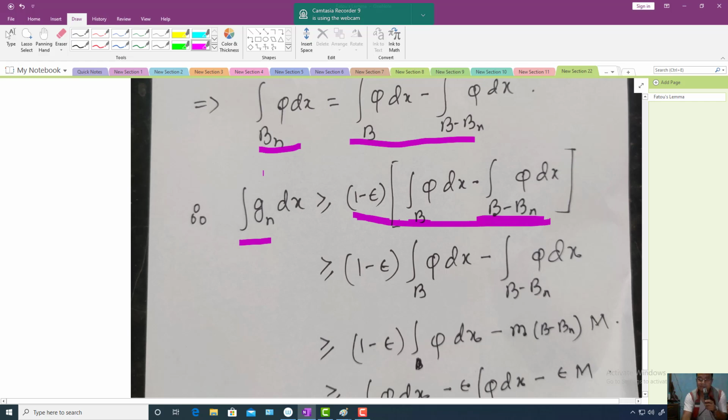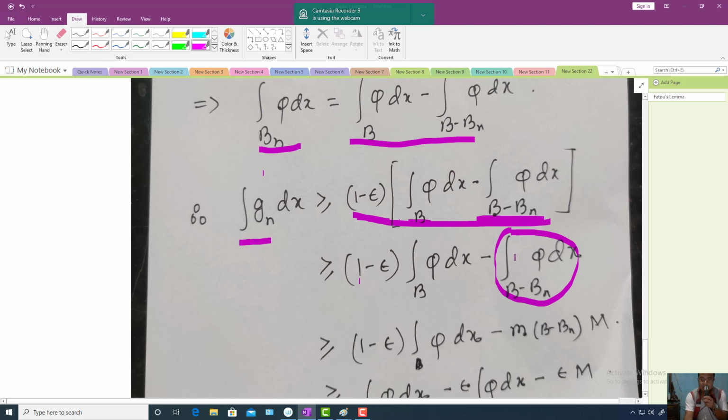So that means what? This is a small number less than 1. If you take out a small number, this quantity is going to be bigger.